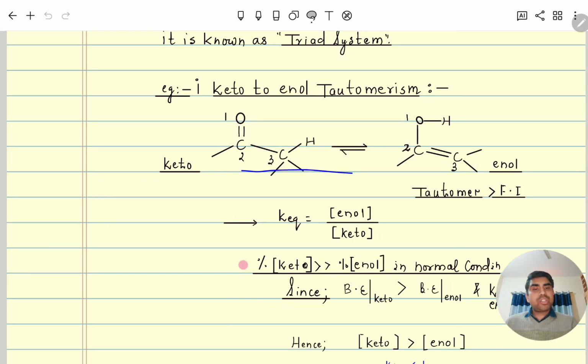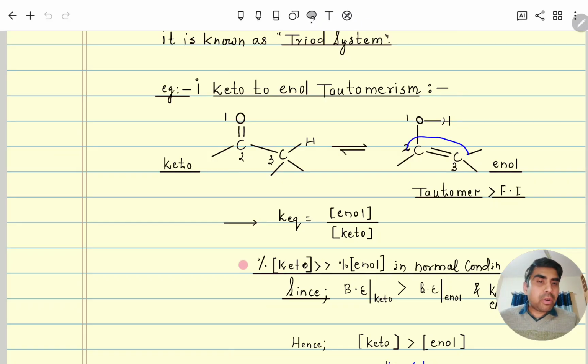So here you can see this is keto enol tautomerism. Since it is in dynamic equilibrium, K equilibrium is equal to concentration of enol by concentration of keto. Since we know carbon-oxygen double bond strength is more, this molecule is more stable, means its percentage is more, and the enol percentage is relatively less because its bond strength is less.